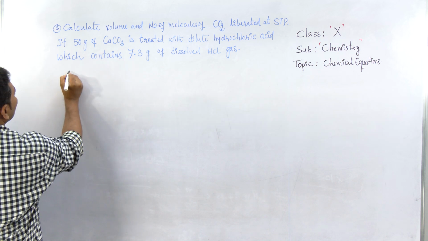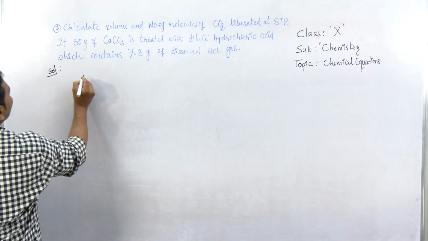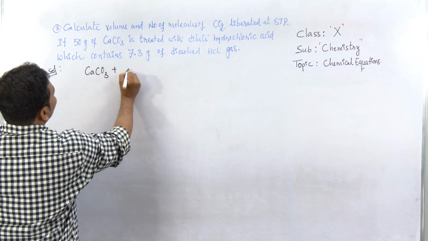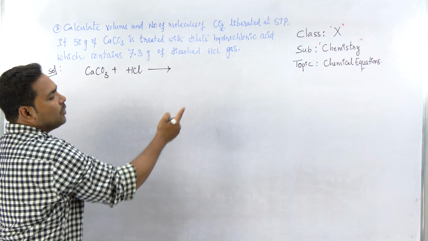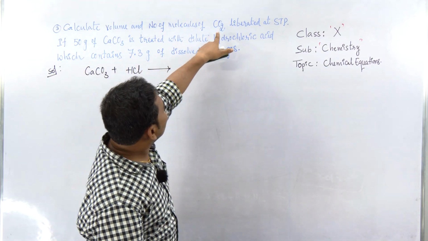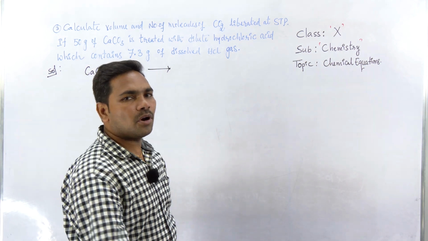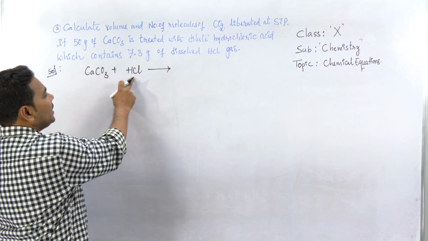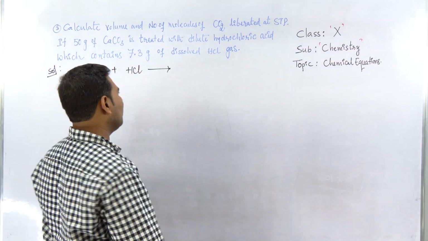I write CaCO3. Calcium carbonate is treated with hydrochloric acid. We are given only the CO2 liberated, but along with CO2 other products are also there. Let us write all the products. Metal carbonate treated with acid produces salt, water and carbon dioxide, right?